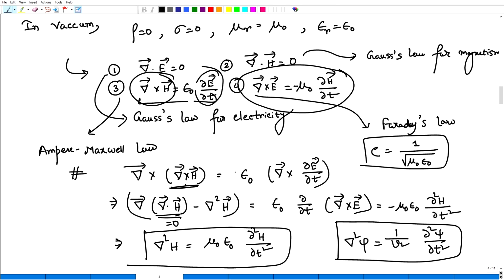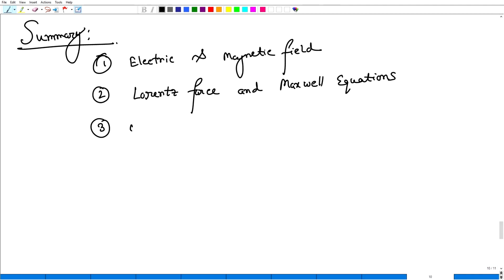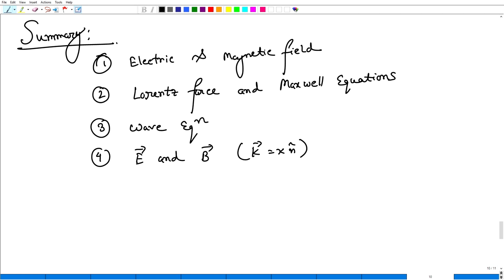In vacuum these are the 4 Maxwell equations, and then we obtain the wave equation, and then we obtain E and B, also K, which is kappa times n, and from there, after analyzing the form of E and B using the Maxwell equations, we derive the form of electromagnetic waves.